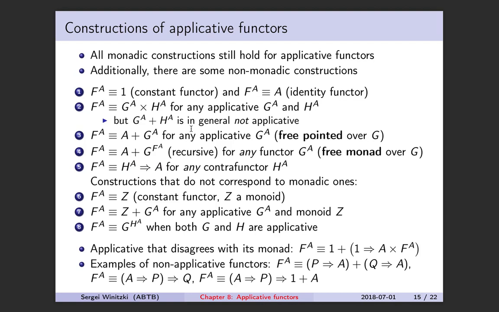Notice that we did have to provide proofs for these constructions because even though we had monadic constructions of the same form, those required, for instance, G and H both to be monads. And now we don't require this. We only require them to be applicatives. Similarly here, we only require this to be applicative.